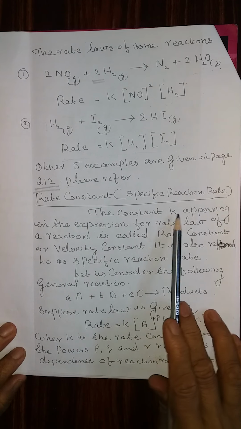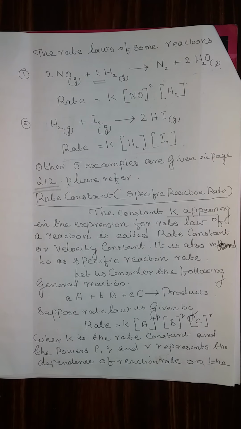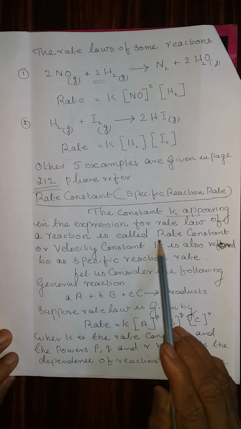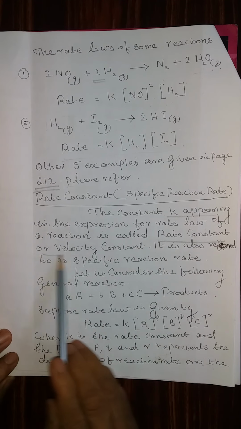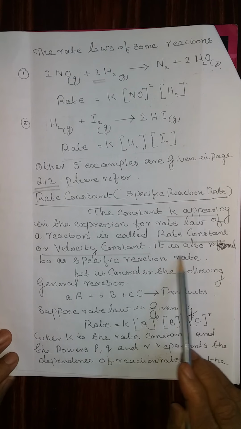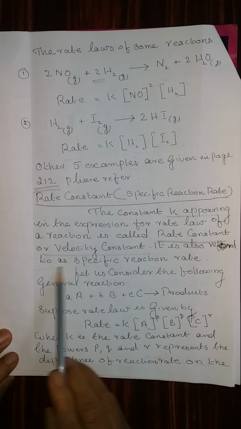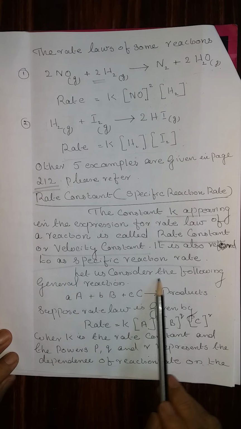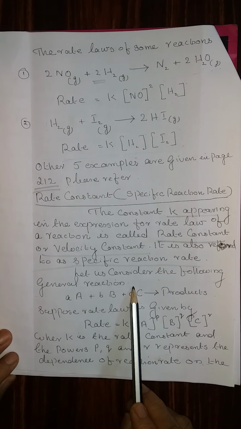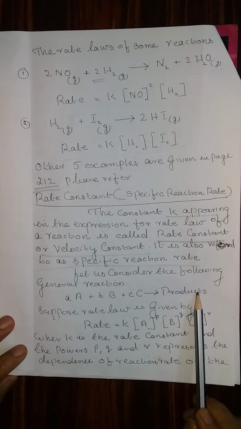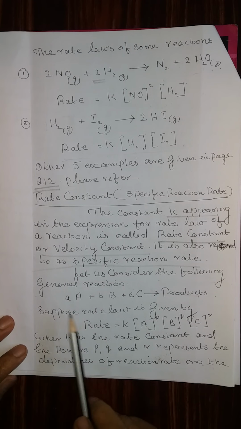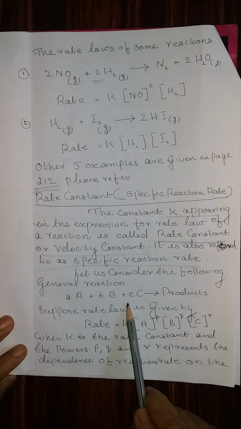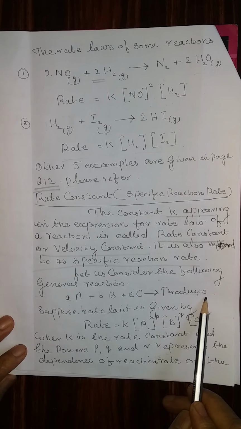The constant k appearing in the expression for the rate law of the reaction is called the rate constant or velocity constant. It is also referred to as specific reaction rate. Let us consider the same general reaction which we already considered, that is aA + bB + cC giving product.